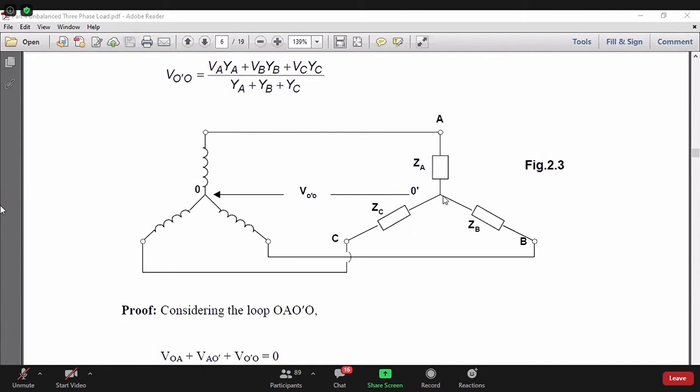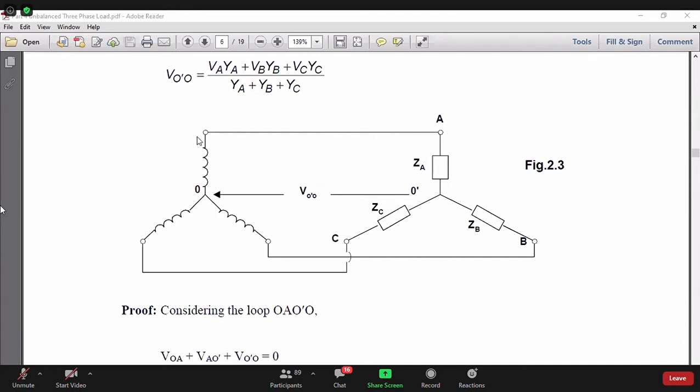Because look here, O prime to C, C to this terminal, then C to O. There is a connection. So there is a voltage here. So instead of taking all that loop, I am directly saying that there is a voltage between O prime and O. So if I take O, A, O prime, O, there will be three voltages. What are these? One is between O to A.